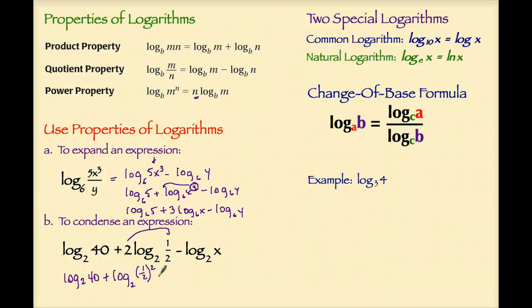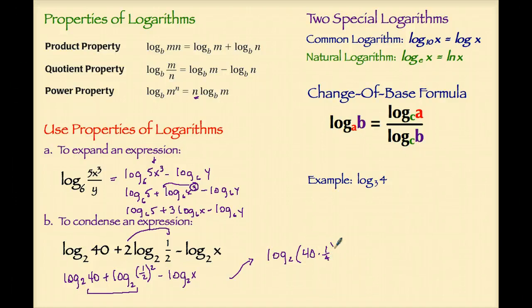So remember, we're condensing now and bringing it all back together. Now 1/2 squared is 1/4, and let me at the same time take this sum and turn it into a product, and we're going to end up with log base 2 of 40 times 1/4.